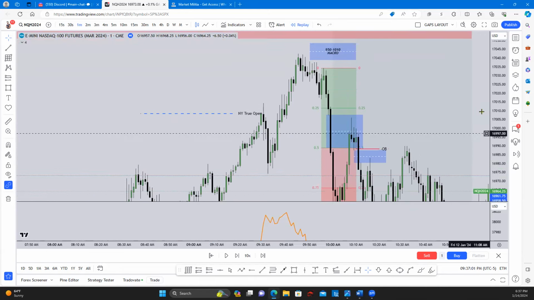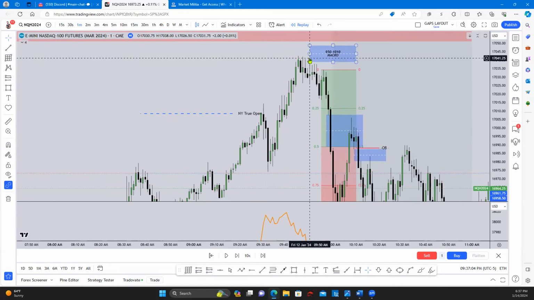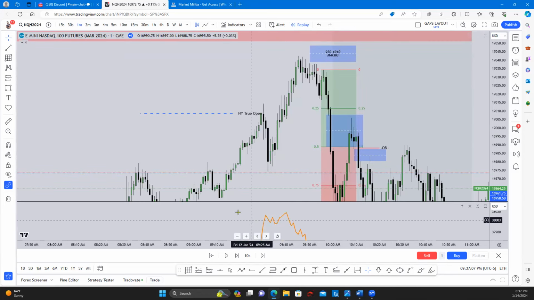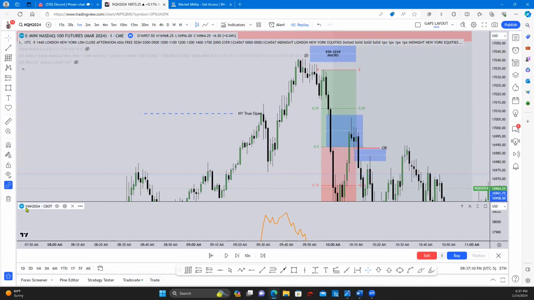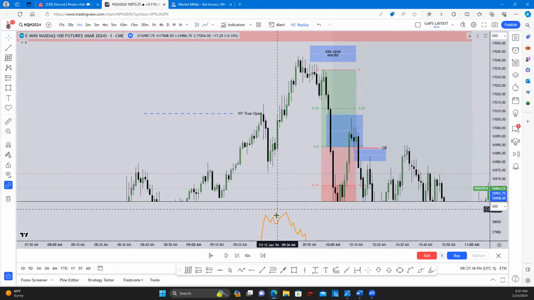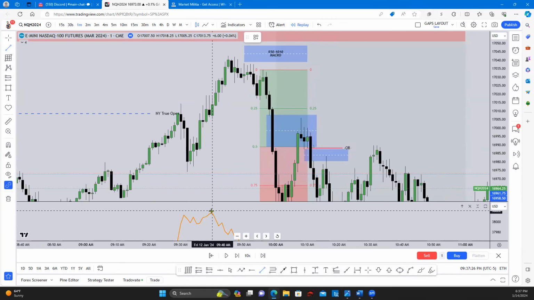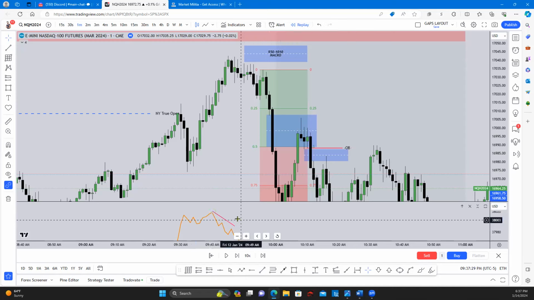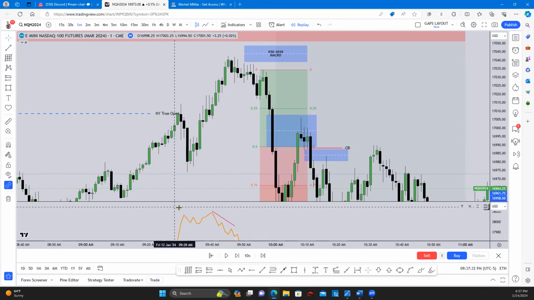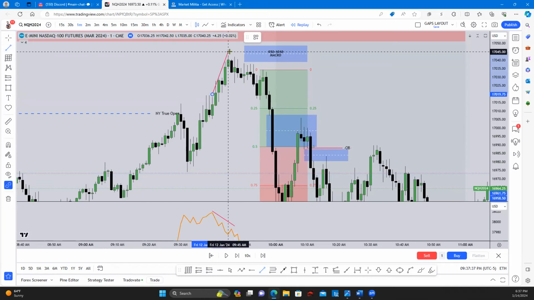And then as well, if we look at the start of the macro here, if you notice on the bottom here, I have US 30 as a line chart underneath here. So you'll notice here at 9:40 that US 30 had already started to drop lower, right, into 9:50, whereas the NASDAQ was still continuing to climb higher into 9:50.